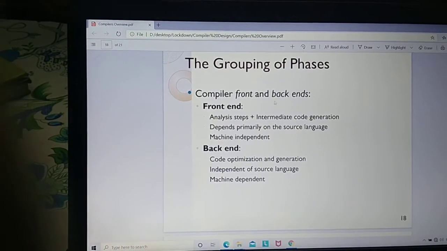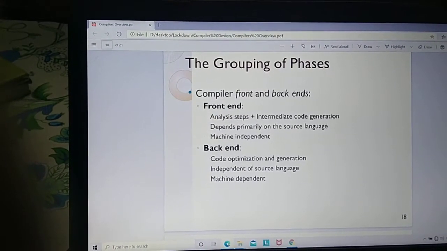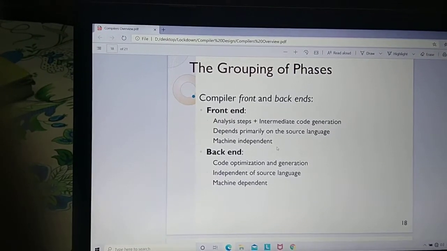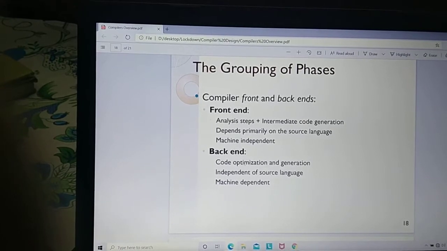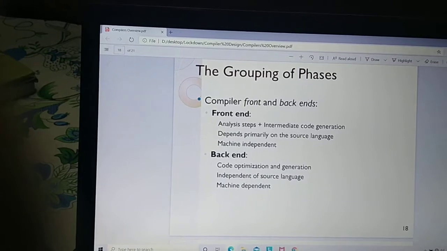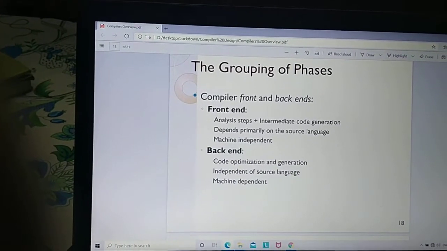The front end depends primarily on the source language and is machine independent. The back end, that is the code optimization and code generation phases, is independent of the source language, and it is machine dependent.